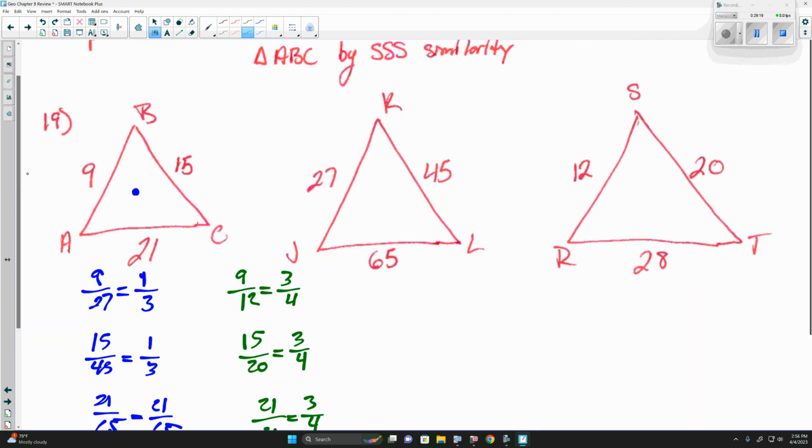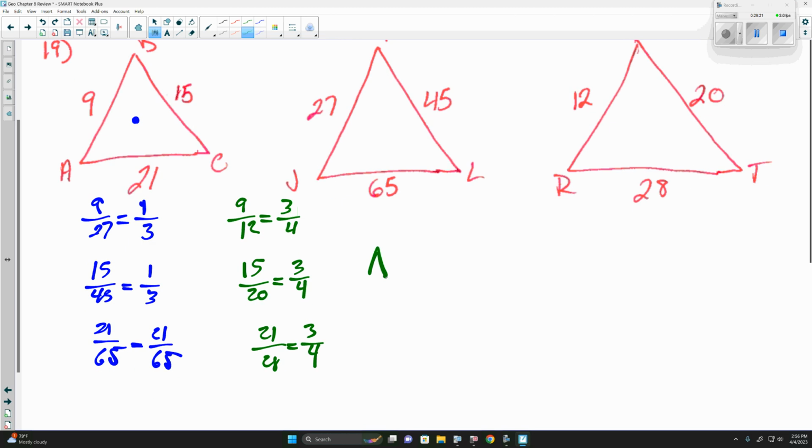So our correct triangle is triangle RST, because we're comparing both of them to triangle ABC. If we get one wrong, we just automatically substitute. Do we have to show our work? As best you can.